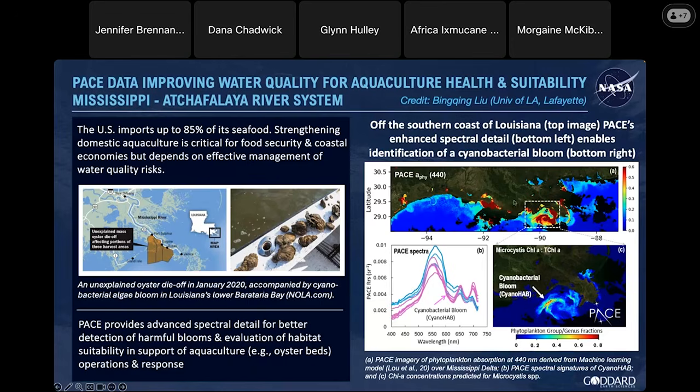So it takes this total chlorophyll, or this total estimate of all the phytoplankton in the water, and here they are extracting the cyanobacteria bloom in exactly that area, working towards having information for these aquaculture farmers to help them understand what the environmental conditions are around their operation. This helps them better respond to risk in case of any kind of harmful algal bloom detection.